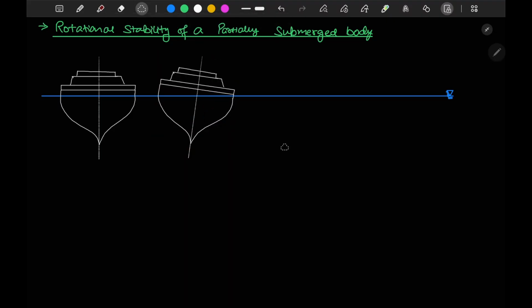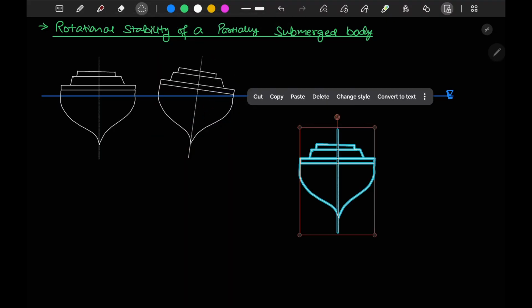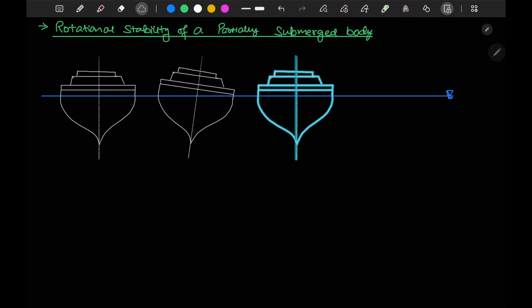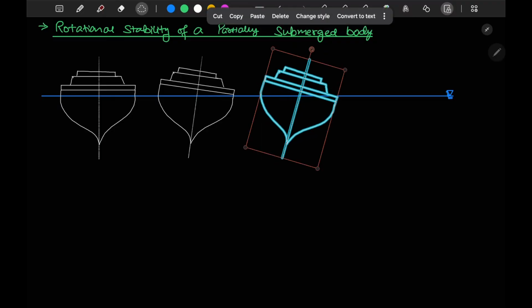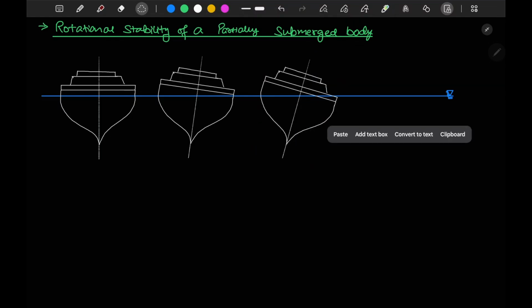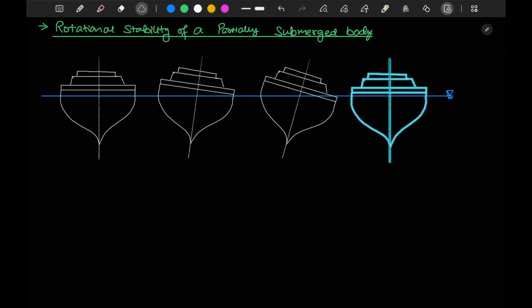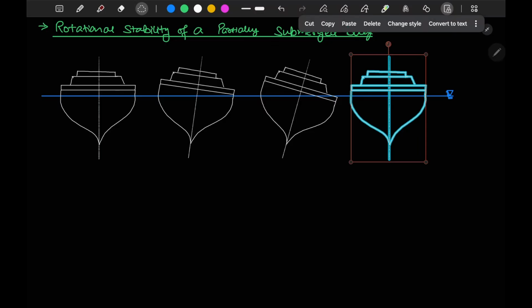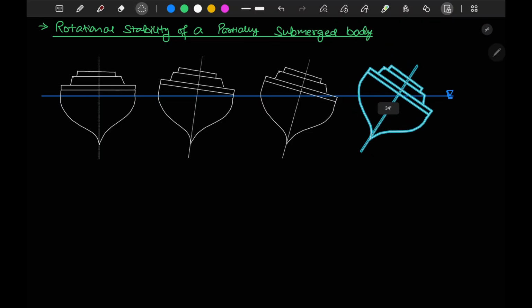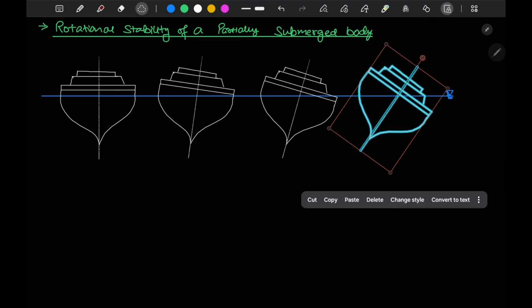Now in the next figure we are tilting it some more than that. Okay, and we will be drawing one more figure, where we are tilting it even further. So we are taking these three examples here, and we will see.